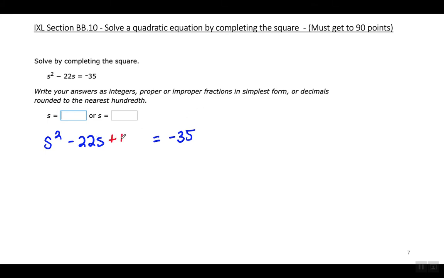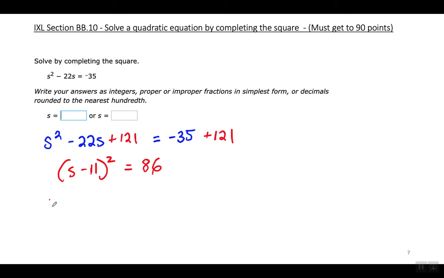And whatever I add to one side of the equation, I also have to add to the other side of the equation. Now this expression, I'm going to factor it, and I'm going to get s minus 11 to the second power. And on the right hand side, when I combine those two, it's basically 121 minus 35, and that's going to give me 86.